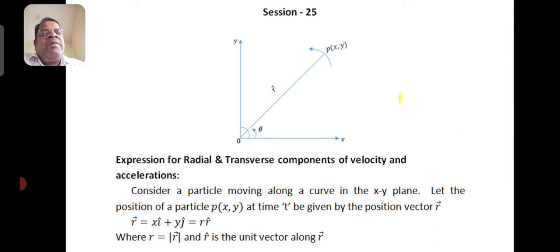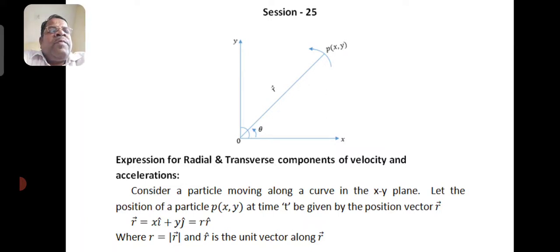Go to the diagram. In the xy plane, a particle is moving along a circular path. The position of the particle is denoted by the point P, whose coordinates are x and y. Its polar coordinates are r and theta.